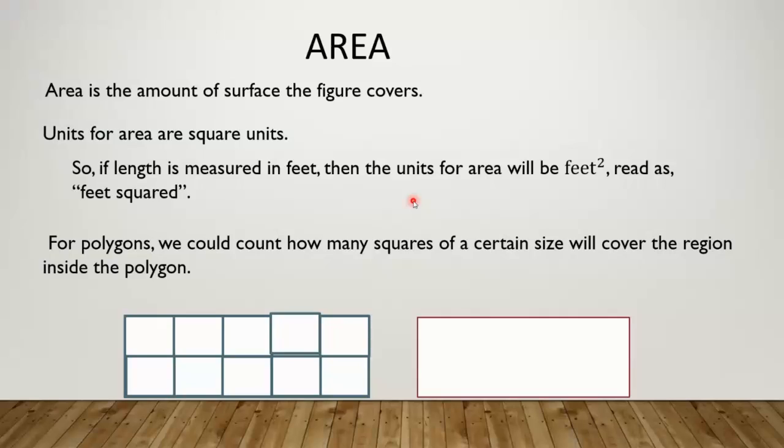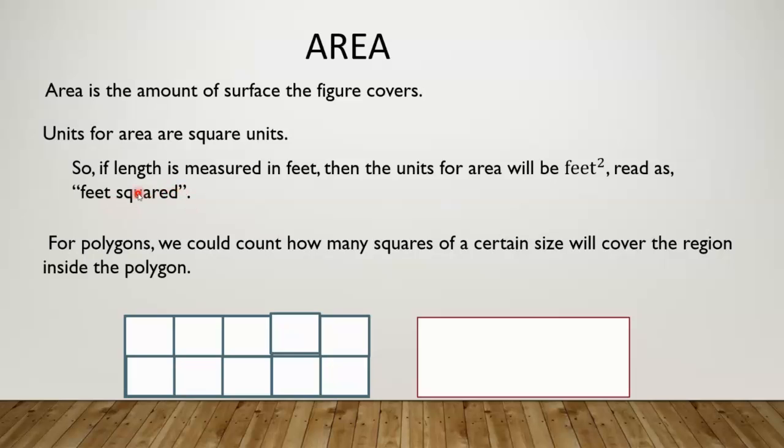Now with area though, the units are a little bit different in that whatever unit you're using for length, the unit for area is going to be the unit for length squared. In other words, if you're measuring length in feet, so the length of each side is in feet, for area the unit will be feet squared.